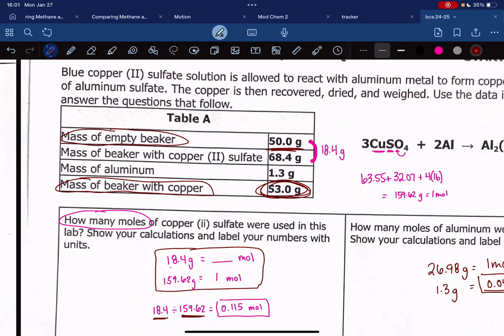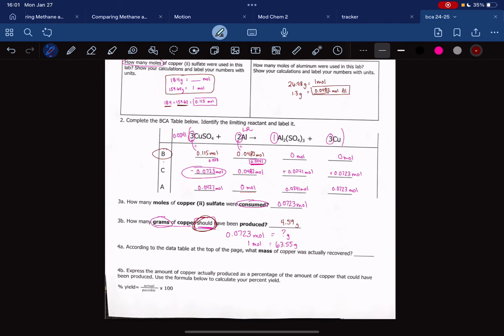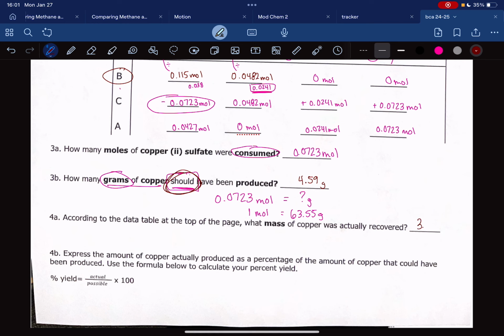We have exactly 3 grams. So I was only able to recover 3.0 grams, or whoever collected this data was only able to collect 3 grams.